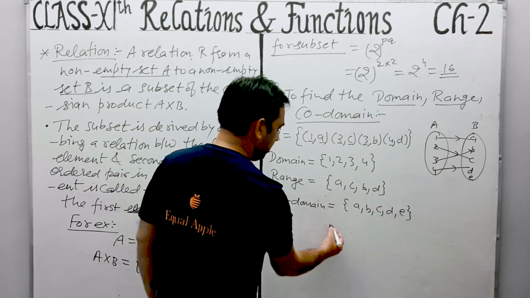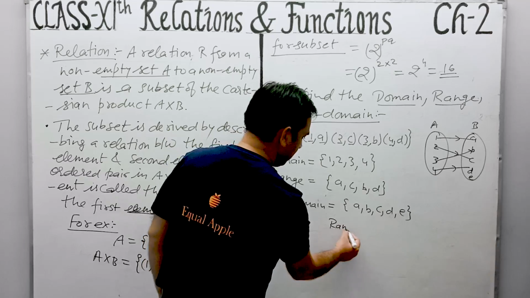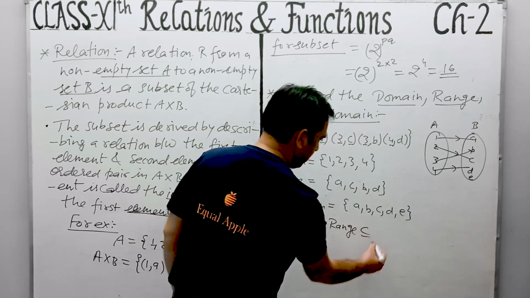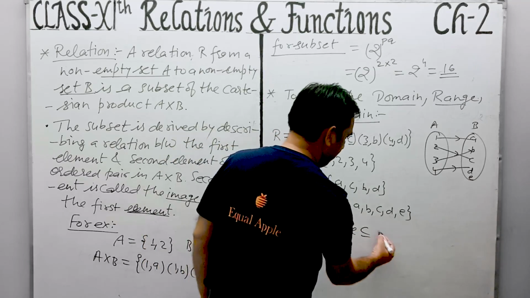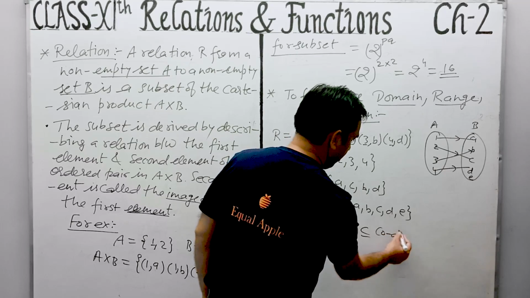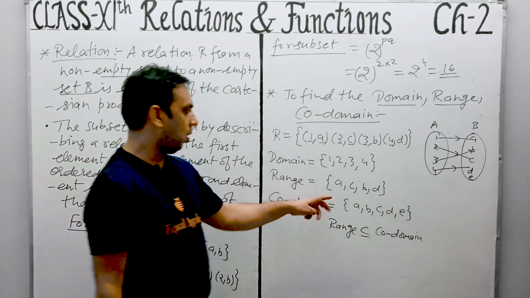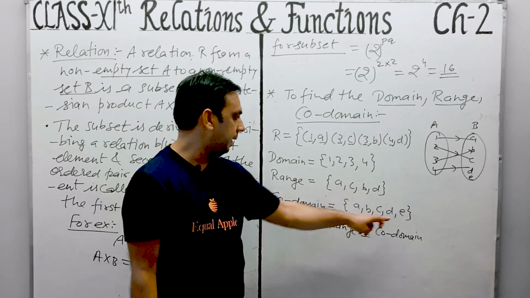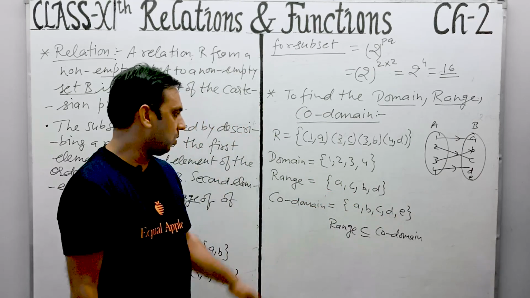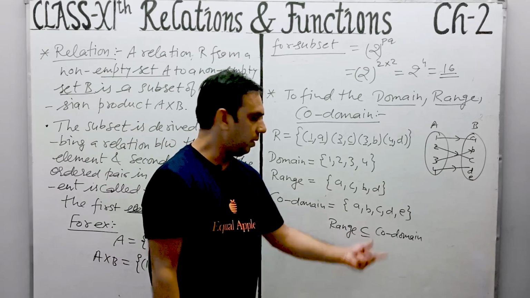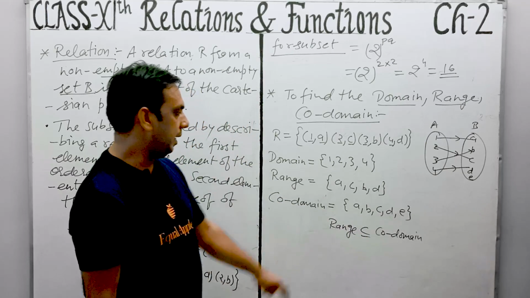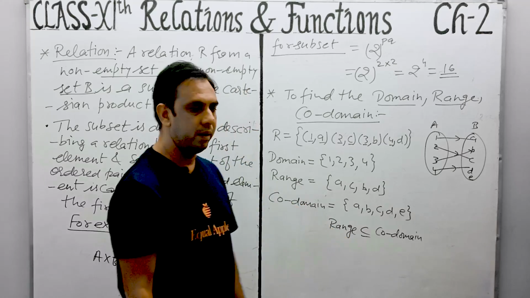So you can also say the range is a subset of the codomain. You can easily say that all the elements of the range are contained in the codomain. So that's why we can say the range is a subset of the codomain, right?